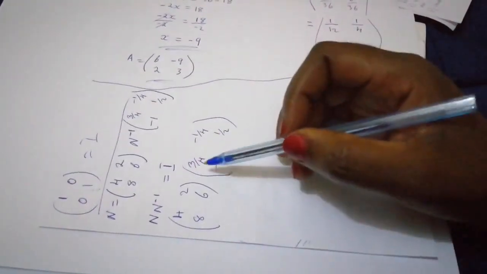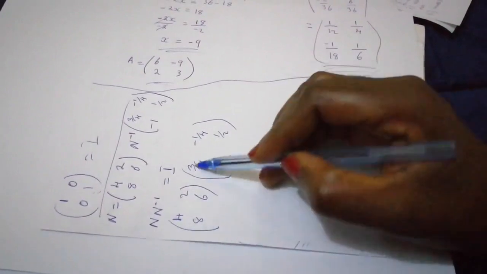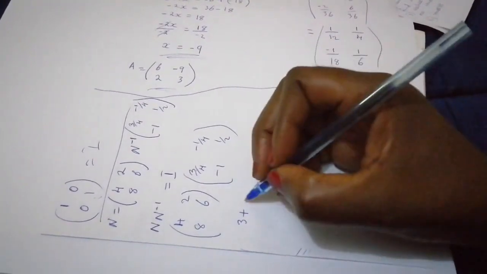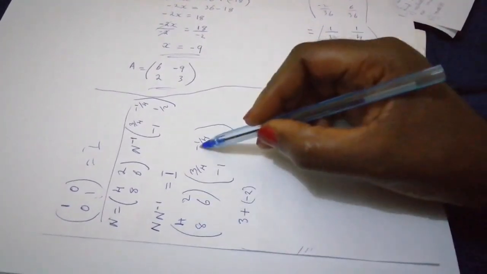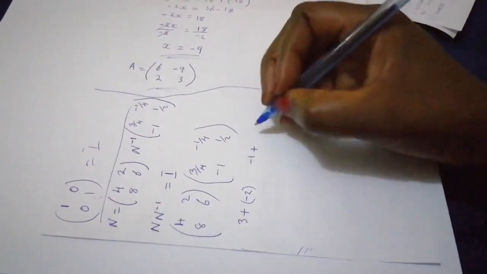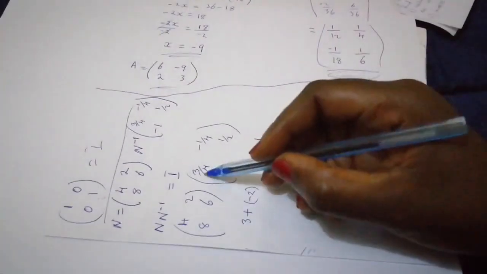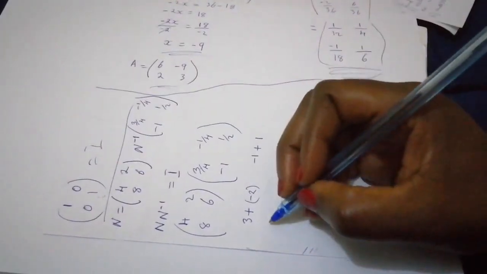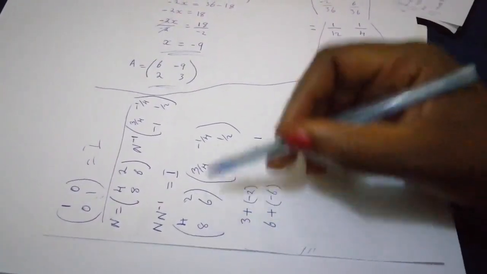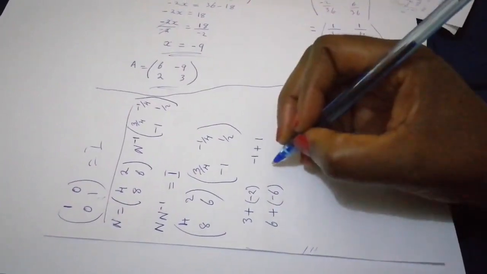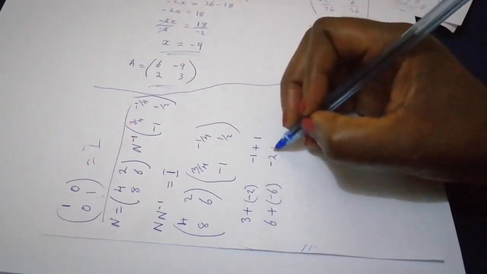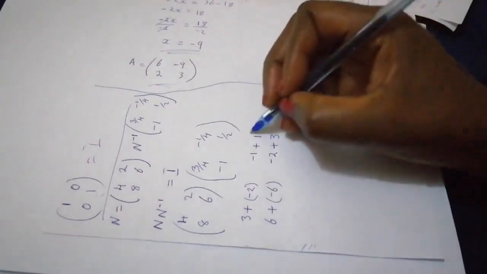So multiplying matrices is row by column. 4 times 3 over 4 will give us 3, plus 2 times negative 1 is negative 2. 4 times negative 1 over 4 is simply negative 1, plus 2 times half is 1. 8 times 3 over 4 will give us 6, plus 6 times negative 1 is negative 6. 8 times negative 1 over 4 will give us negative 2. 6 times half will give us positive 3.